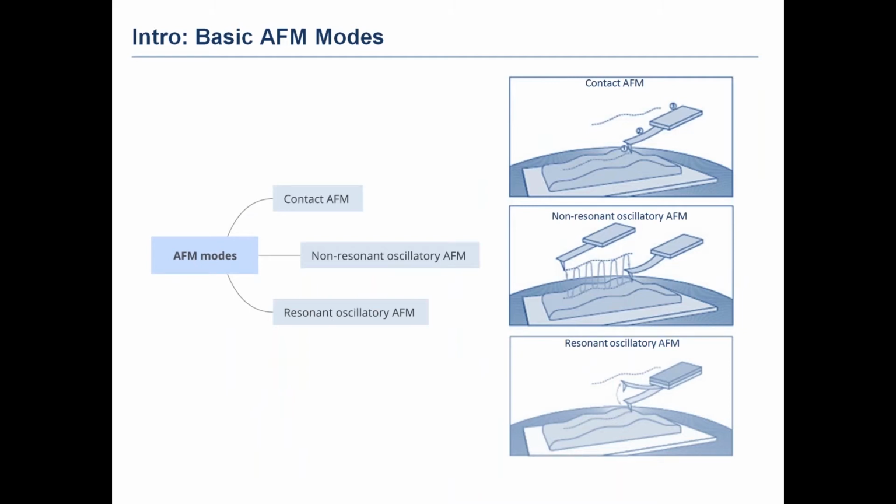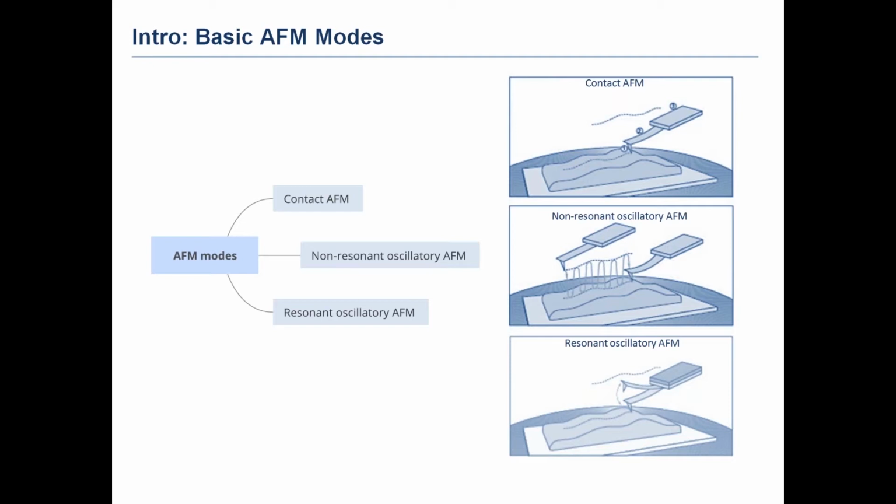There are a lot of AFM modes, but basically the whole set can be split into three large groups. The first group is contact AFM, which historically appeared first on the market, where the sensitive part of the atomic force microscope, the cantilever, is constantly in contact with the sample. Another large group of methods is so-called resonant oscillatory atomic force microscopy, also called tapping mode AFM or semi-contact AFM.